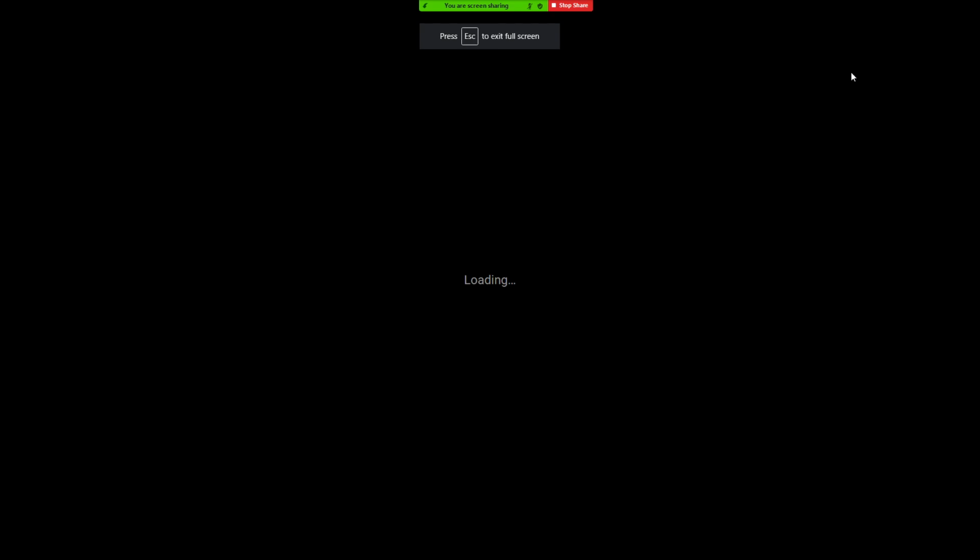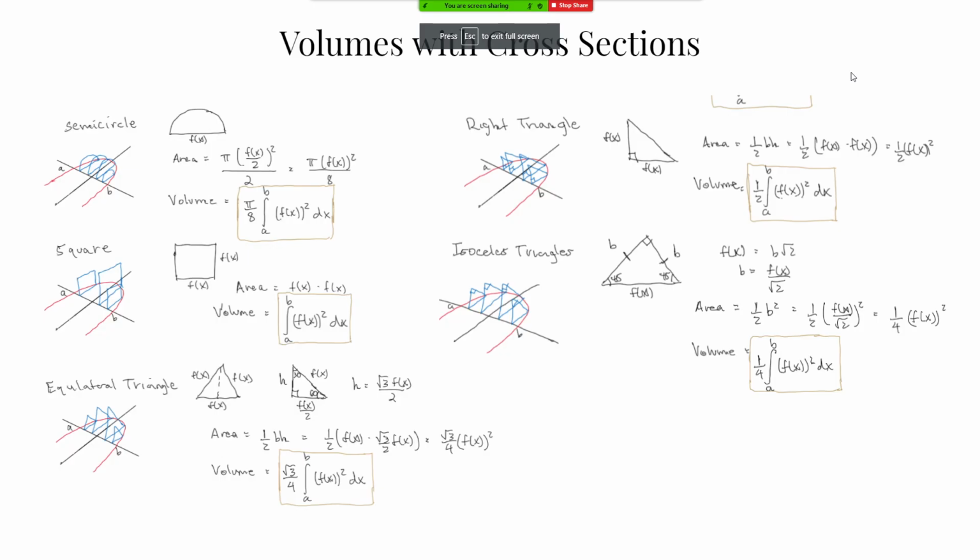Okay, so basically, when they ask you to make volumes with cross sections, you're doing this. Let's say this is your function, the red line. You're making cross sections like this. For example, if they ask for semicircles, you integrate from a to b the area of each cross section.